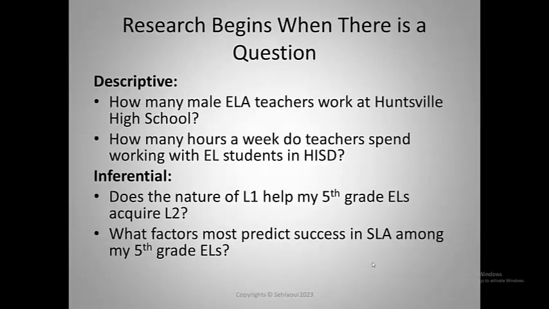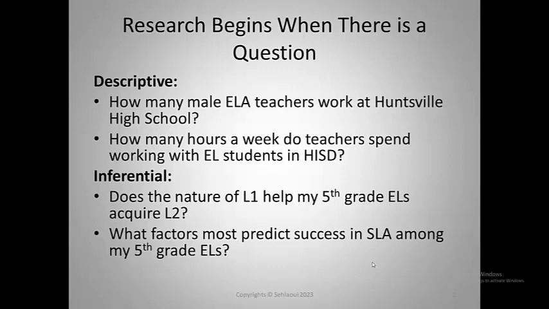All right. Research begins when there is a question. We already covered this in previous videos. Now we are talking about the use of descriptive statistics and inferential statistics. These questions would trigger the use of descriptive versus inferential statistics. For example, how many male EL teachers work at Huntsville High School?